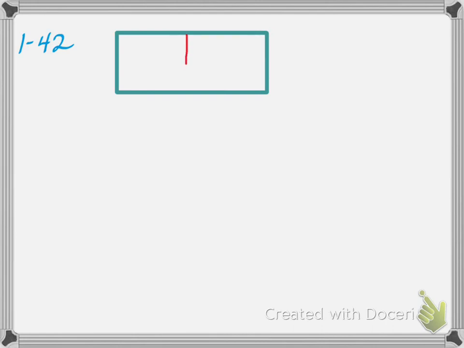So it makes sense. Let's see if we can draw a picture to help us out with our problem. We're going to enclose two identical rectangular pens that share a common side. So here's our rectangular area that we're talking about. And we want these two pens to share a common side.